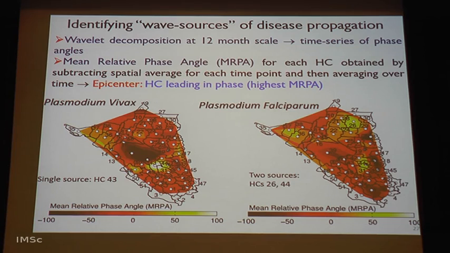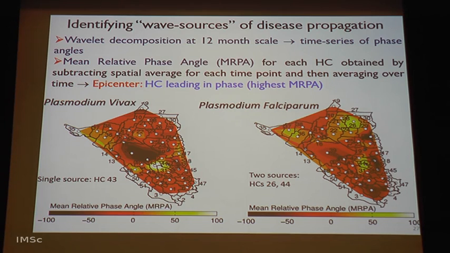Next we use the wavelet analysis to find out the epicenters, that is, which place the malaria starts from and spreads to other places, how it propagates from one place to another. In wavelet analysis, at each time step, one phase angle is obtained for each health center's time series. Then we calculated the mean relative phase angle, corresponding to one period cycle.